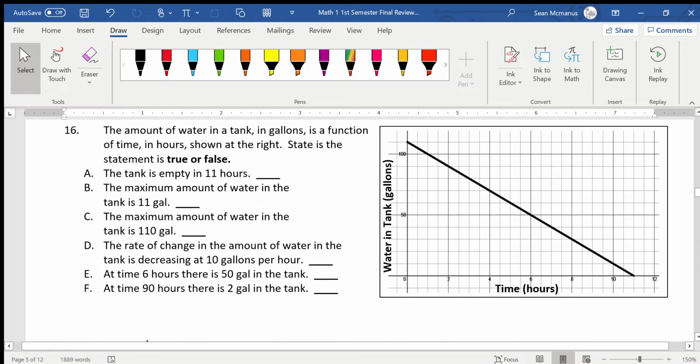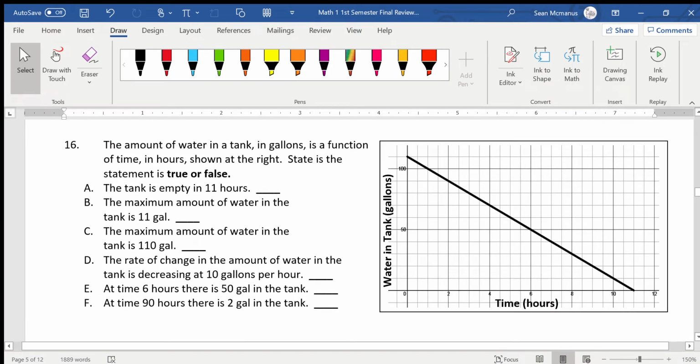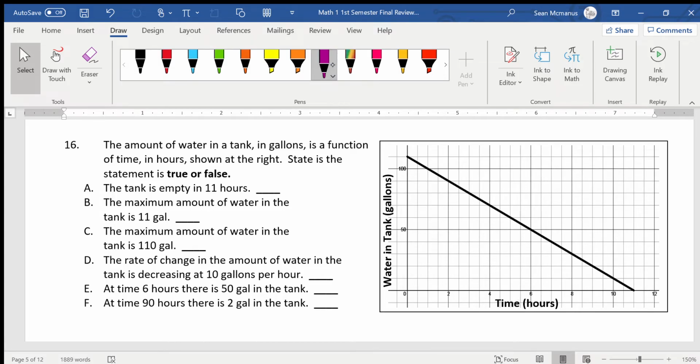All right, we got a lot of work on this thing here. So 16, the amount of water in a tank in gallons is a function of time in hours shown at the right. State if the statement is true or false. So 16a, the tank is empty in 11 hours. So let's look at what our variables are. My x-axis is the time, and the y-axis is how much water is in the tank in gallons. Before I look at any of those questions, let's look at what I have here.